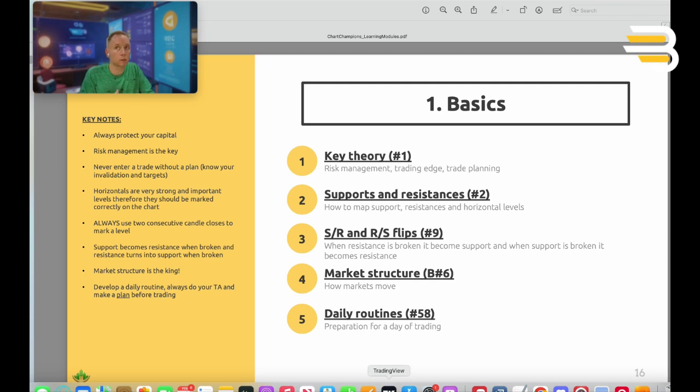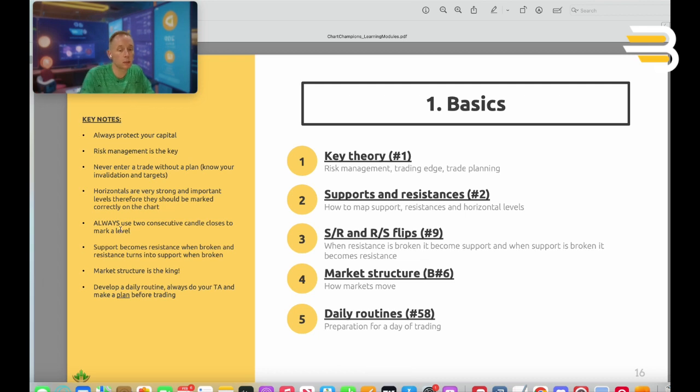Market structure gives you a clear trend on a chart, and once you've identified a trend, whether it's bullish, bearish, or a sideways consolidation, it gives you a level that you know in your head: at this level the trend will switch or change from whatever it was prior.